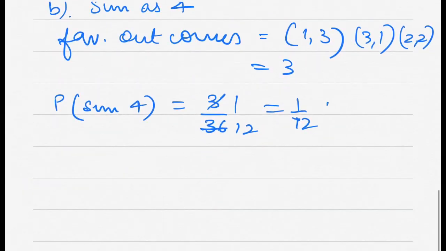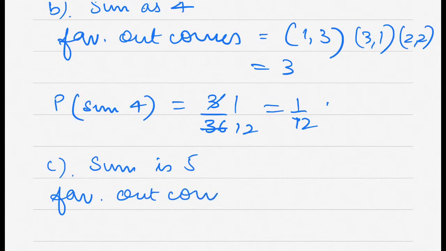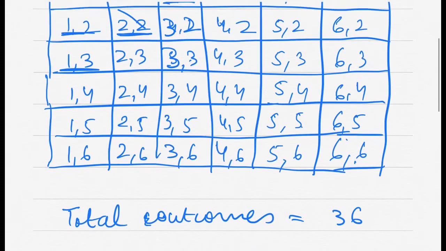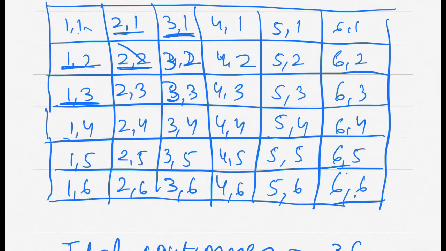Now I'll move to part C, I'm just giving that name. The sum is 5. First I'll find the favorable outcomes for sum 5: 1 4, 2 3, 3 2, and 4 1.